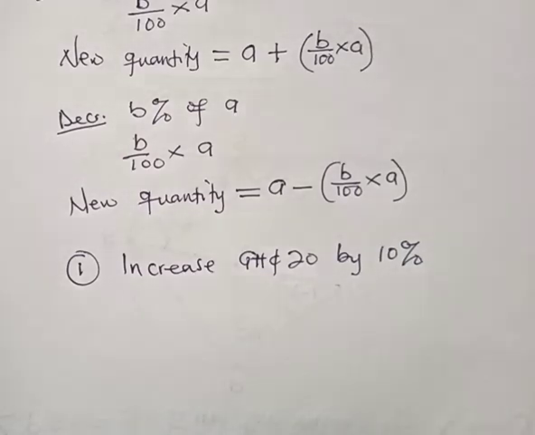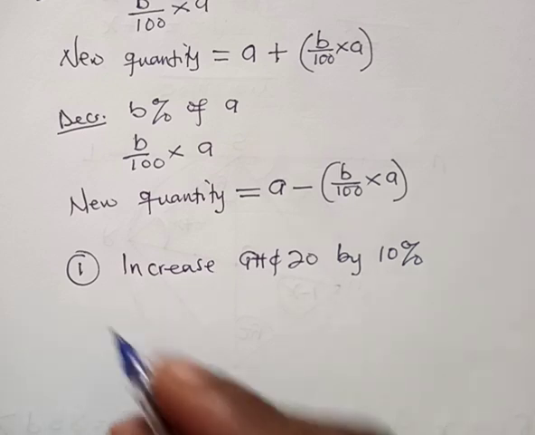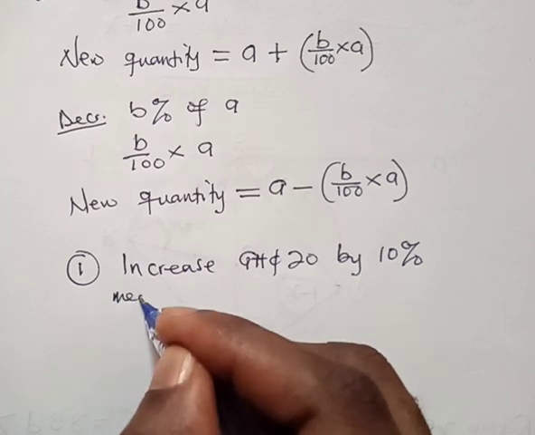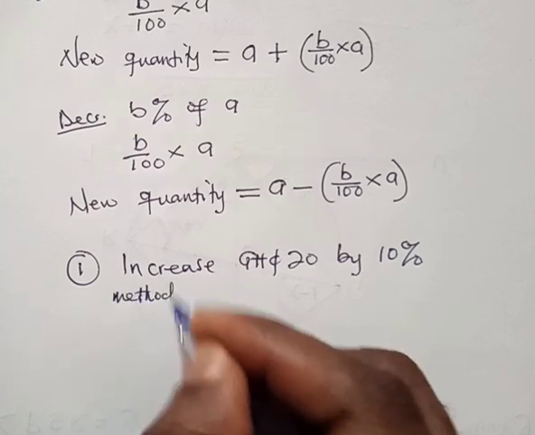So this one, we are going to use the first method to get our answer. Then we use the second method as well to get our answer. So, method 1.